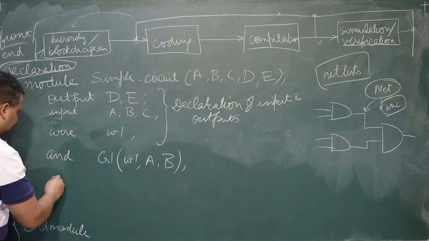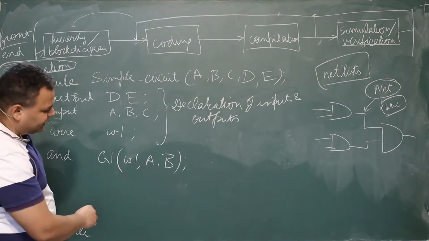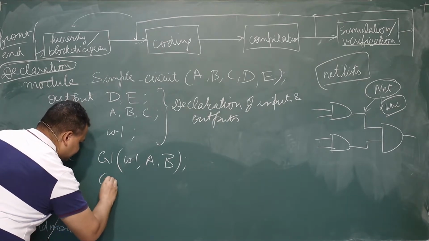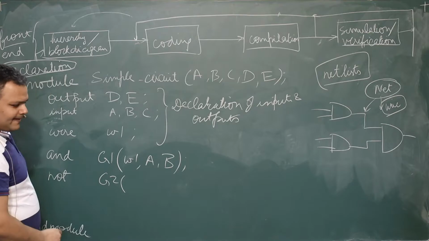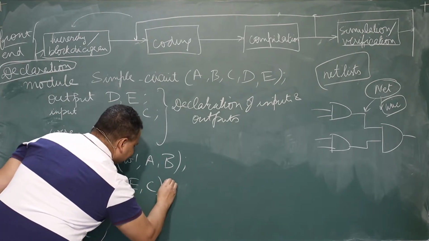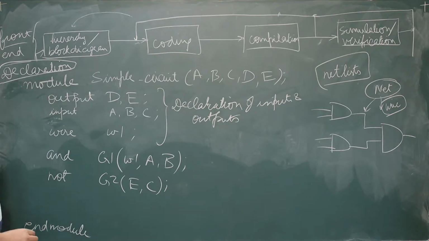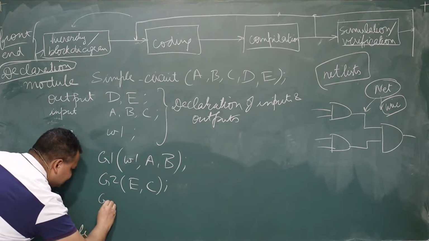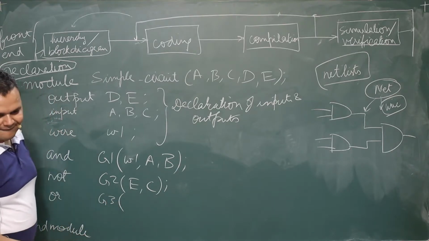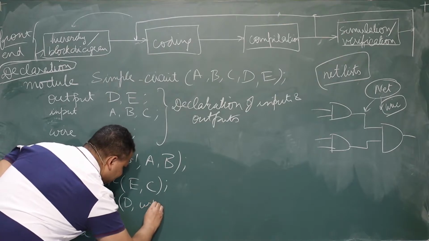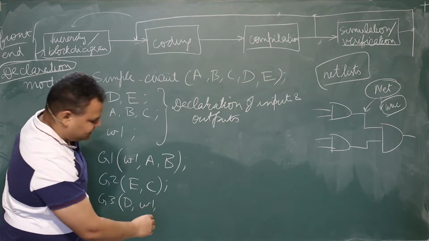Let me write this down. And then we have a NOT gate G2, and EC, and finally we have an OR gate G3, D, W1 and E.